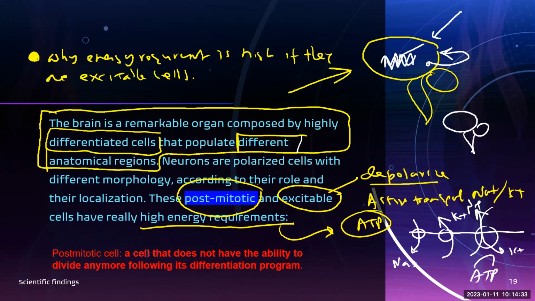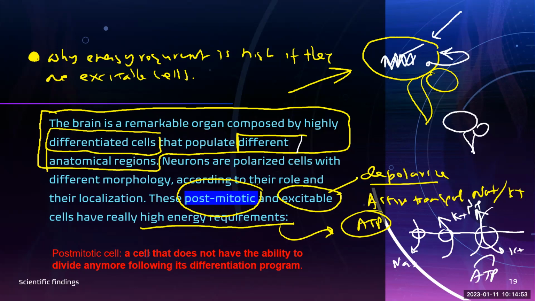Continuously, they maintain this polarization. For that, they need ATP. So that's an important point, in case there is a question of why the energy requirement is high in these excitable cells.